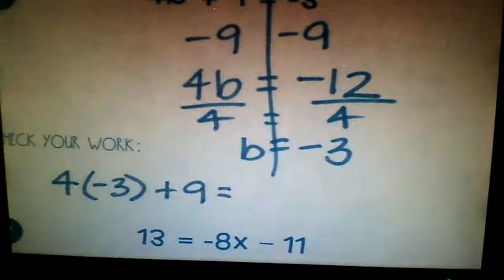So when I plug it in, what do you get when you take 4 times negative 3? You get negative 12. And then we add 9. Remember, we start at negative 12, and you're moving 9 in the positive direction. So where do I finish? Negative 3.